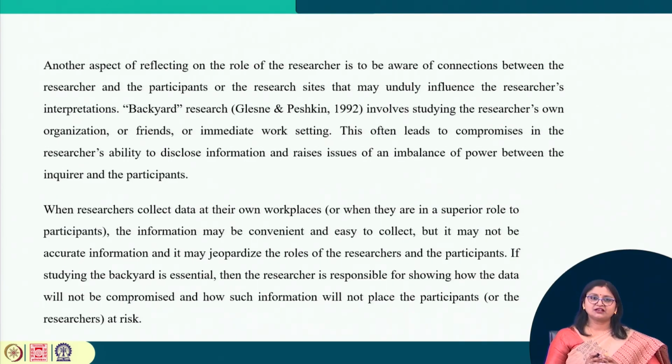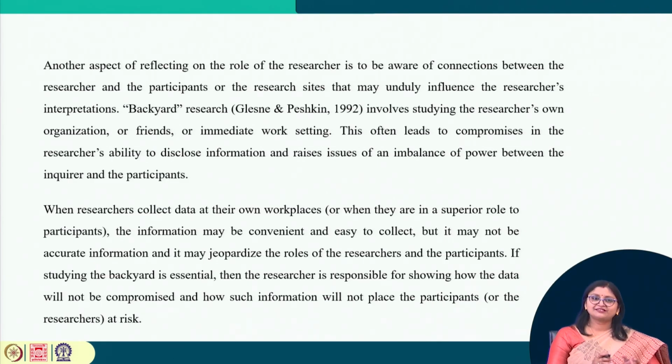So, when researchers collect data at their own workplace or when they are in a superior role to the participants, the information may be convenient and easy to collect, but it may not be accurate information, and it may jeopardize the role of the researcher and the participants.